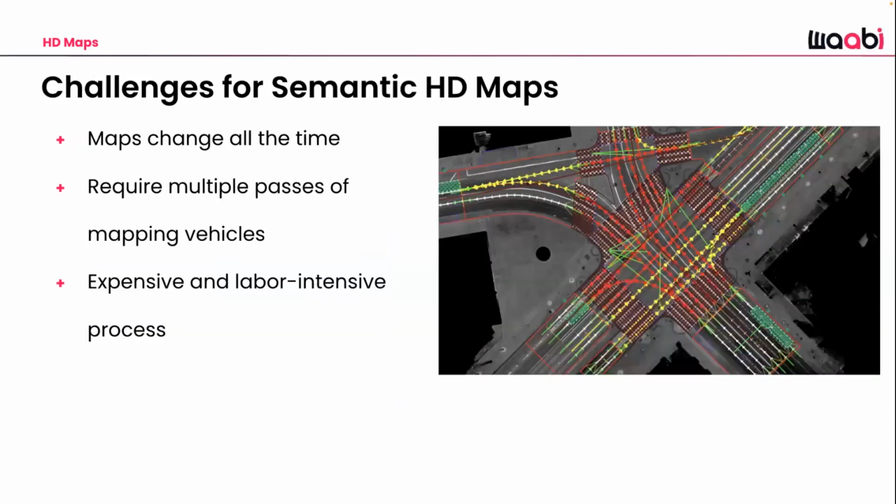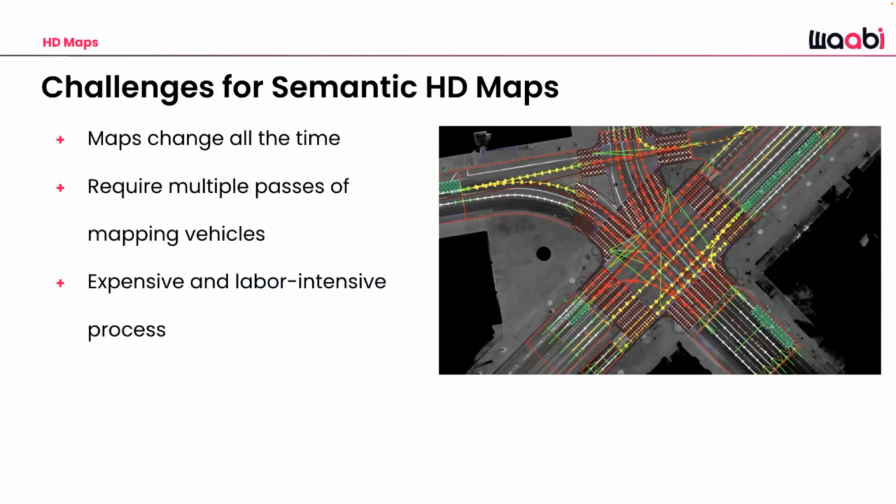But of course, there are some challenges to adding this kind of information to HD maps. First, the maps change all the time due to, for example, construction. You need to keep expanding your operational domain and so on. It's also common to require multiple passes through the same area in order to build these accurate, dense geometric representations, for example, because of occluders.